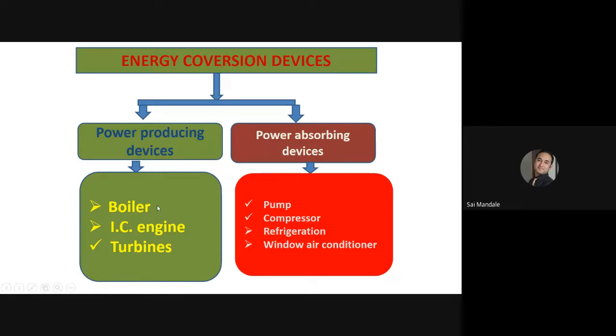We can use that steam in different types of applications. We are getting heat energy from this, and mechanical energy from the others. Further, this energy is converted to obtain electricity, and from that we run the different appliances. So the basic logic is there are two types of devices. The device which consumes power is a power absorbing device, and the device which produces power is called a power producing device.